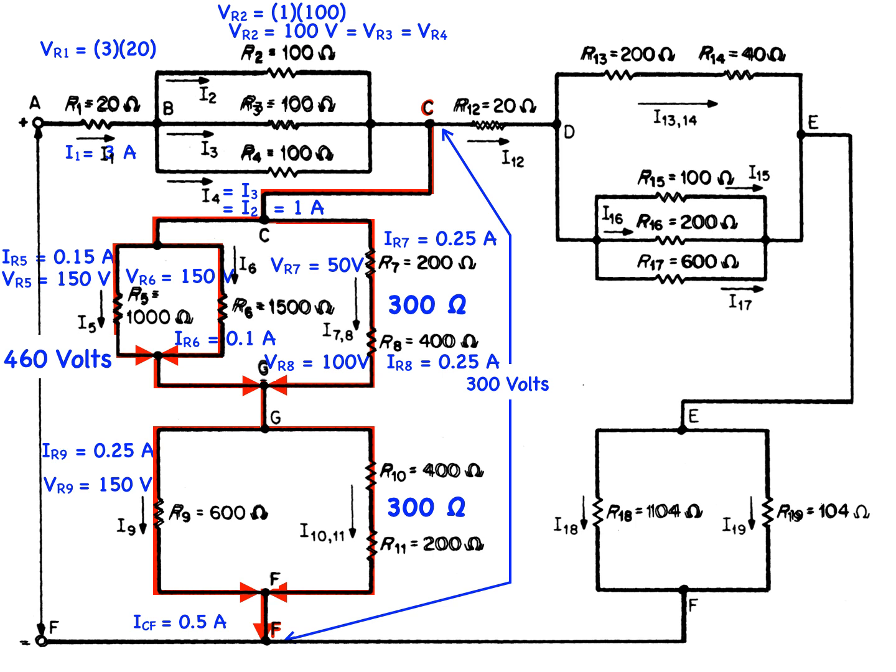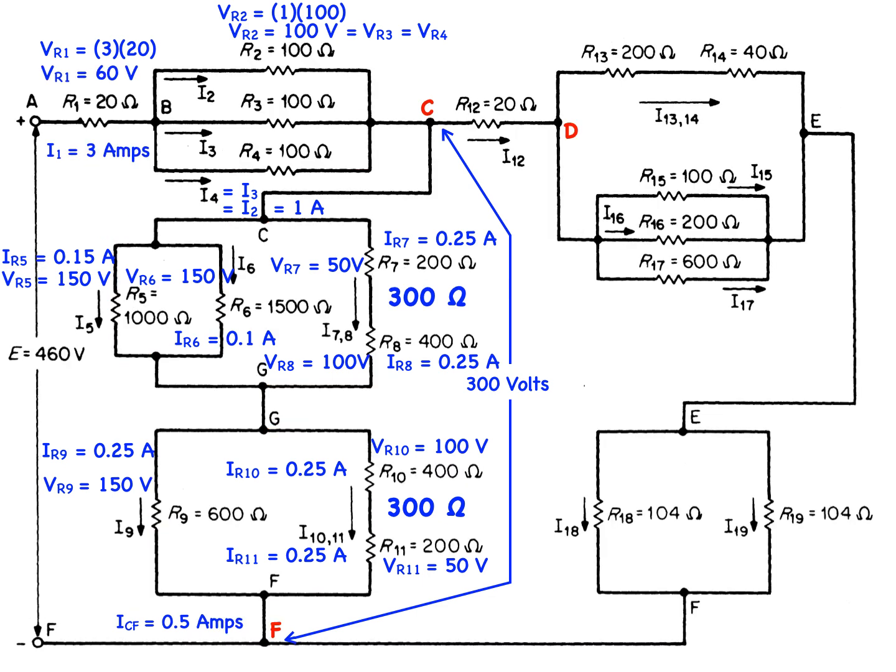Using voltage division, we know that IR10 and 11 equals 0.25 amps. The voltage drop across R10 is equal to 0.25 times 400, which is equal to 100 volts, and the voltage drop across R11 is 0.25 times 200, which is equal to 50 volts.